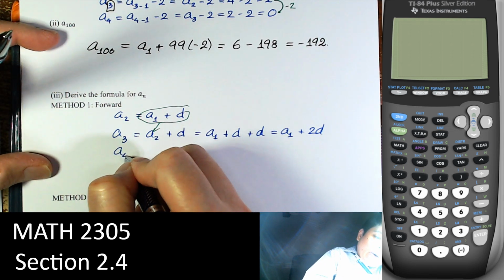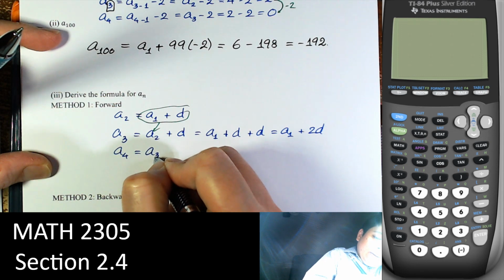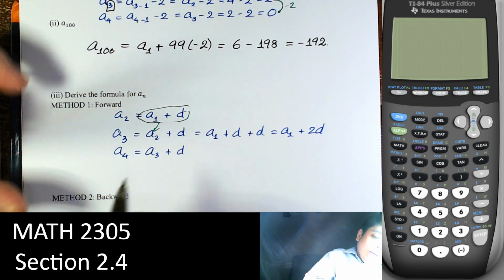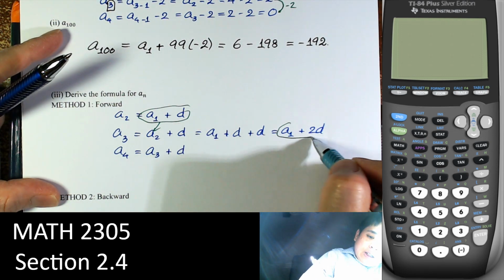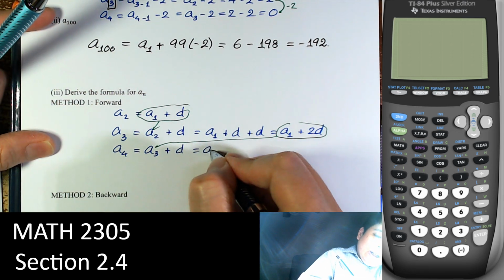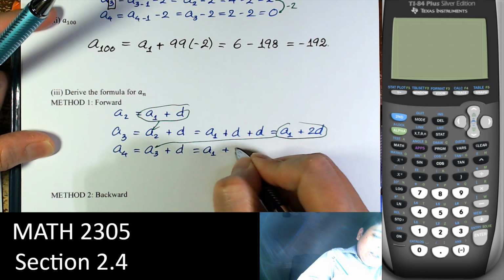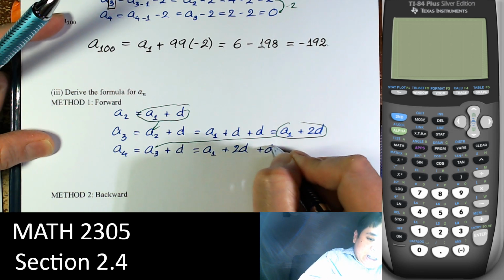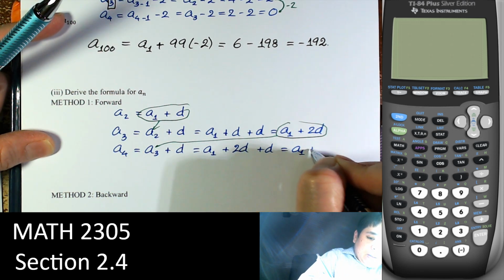Now, A4. If we substitute this into that, A1 plus 2D plus another D, so A1 plus 3D.